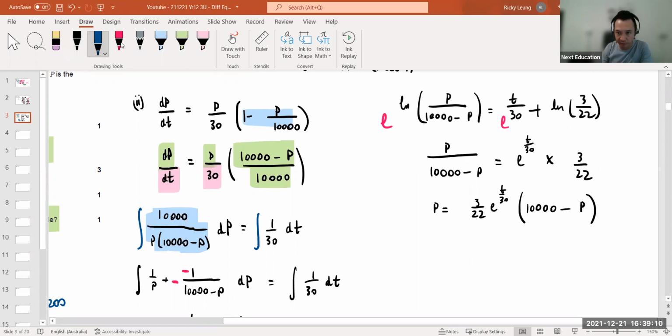Now, what I did before was expand, move, and factorize all in the same step. That becomes 1 plus, when this goes over, 3 on 22, T on 30, equals 10,000.